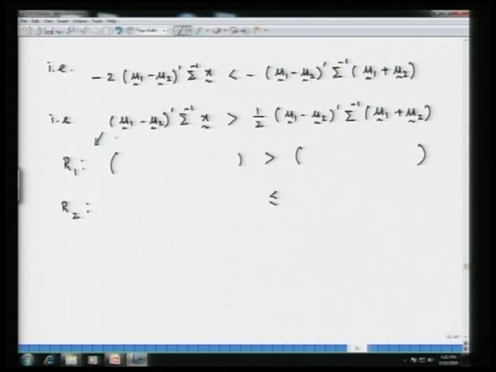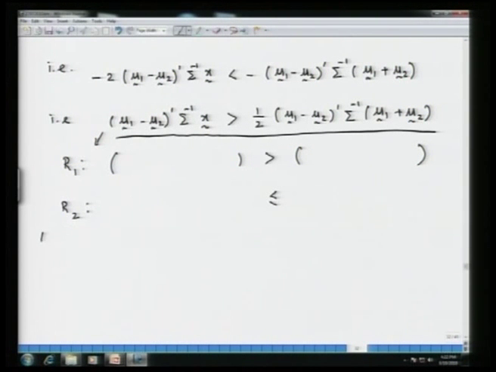Now, if x is such that this quantity is greater than this term, then x is classified into the pi 1 population, and if it is the other way around, then x is classified into the pi 2 population. Now, this is nothing but the Fischer linear discriminant function.